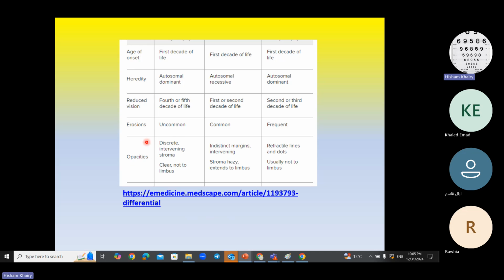Do the lesions in the cornea have clear stroma in between or indistinct margins with hazy stroma that extends to the limbus? Are there lines, breadcrumb-like or macular lesions, or dots? Is the peripheral cornea affected or not?